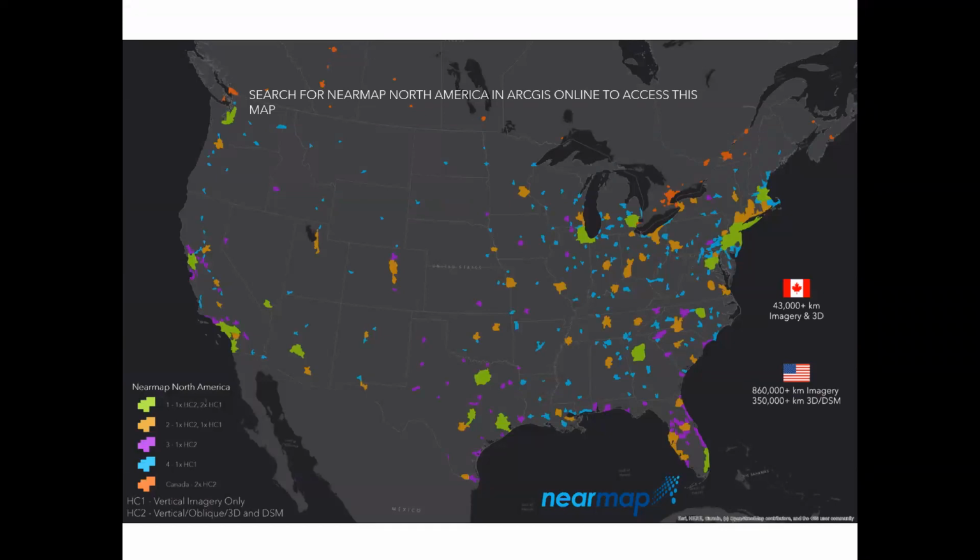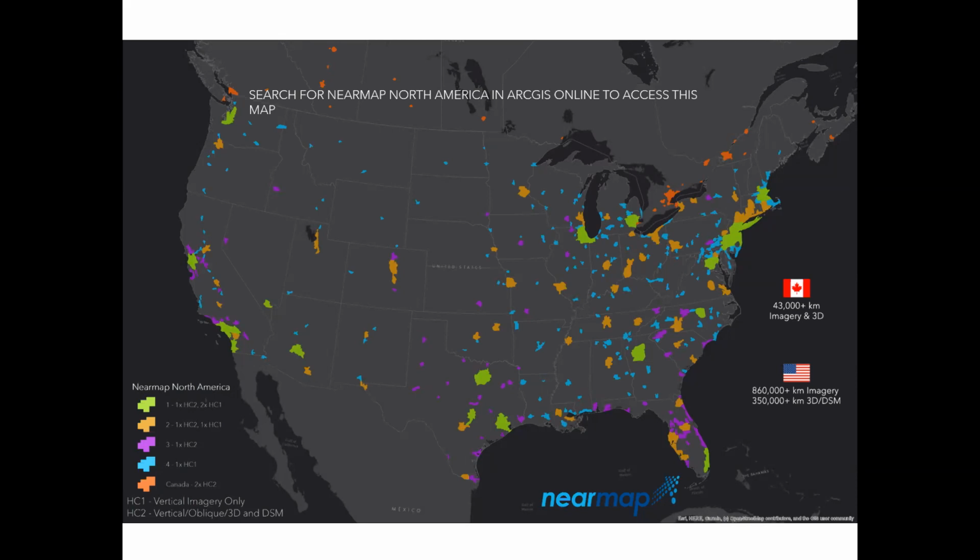So where are we capturing regions? Mostly, NearMap's business model is to fly densely populated metro areas, which you can see in this map as the green areas. Drawing your attention to places like Dallas, Los Angeles, Seattle, New York City, those areas are our tier 1 regions, which get 3 captures per year.